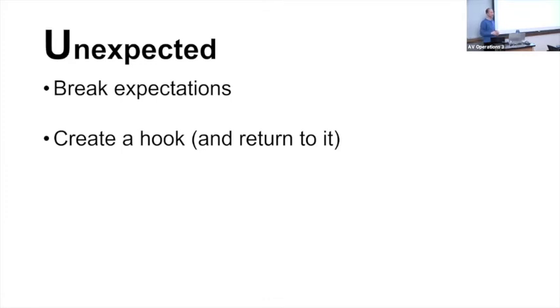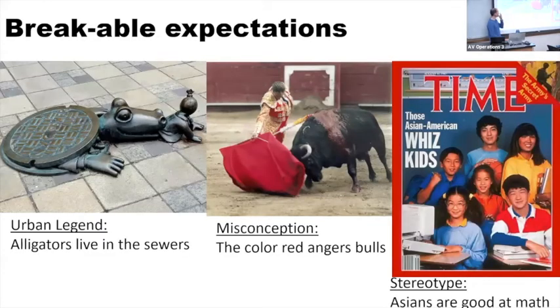And one of the easiest ways to get attention is to create surprises, the unexpected. However, people have different expectations about different things, and you're wondering, so what expectations should I break? Here are just a few breakable expectations that they bring up and I bring up.